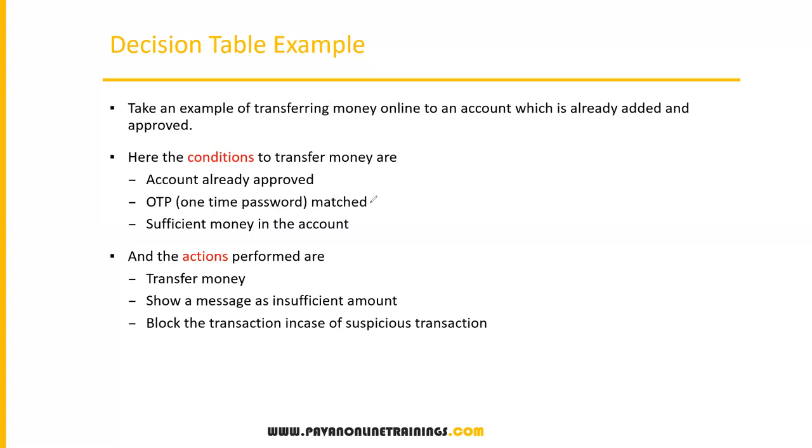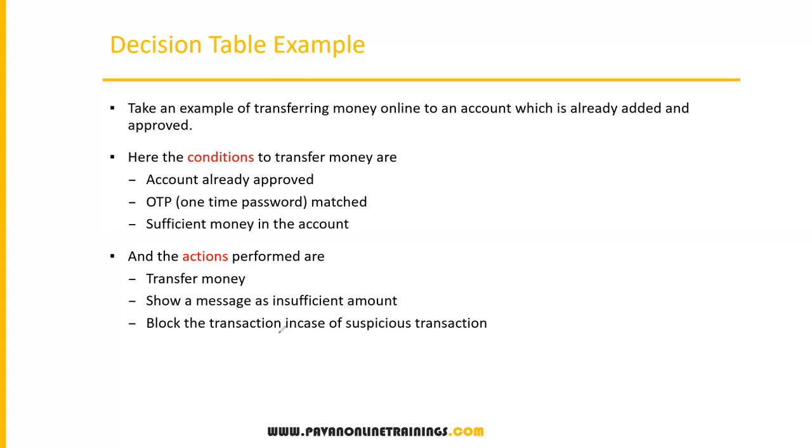Now, actions to be performed. Based on these conditions, we have to do certain actions. We have to transfer money, that is an action. Suppose you don't have money in your account, then it should immediately show the message insufficient amount. And suppose your OTP is not valid or not matched, then block the transaction in case of a suspicious transaction.